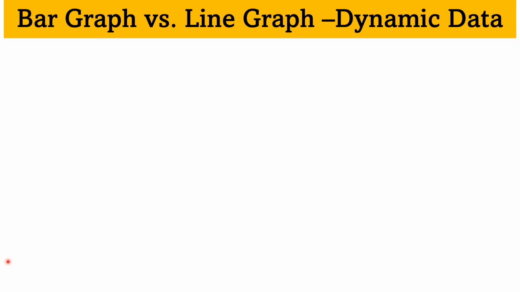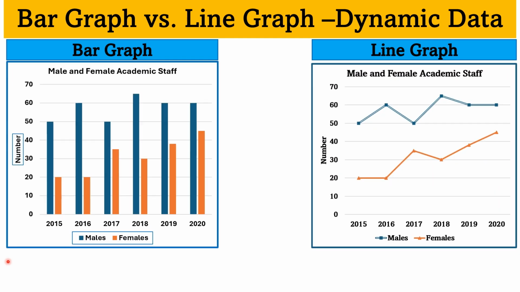Now that you are familiar with what a bar graph is and the difference between vertical and horizontal formats, let's take this a step further. Look at both the graphs on the slide. The bar graph and the line graph show the same data, the number of male and female academic staff from 2015 to 2020.